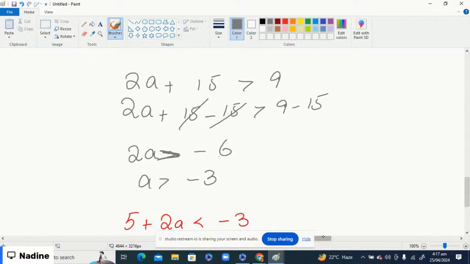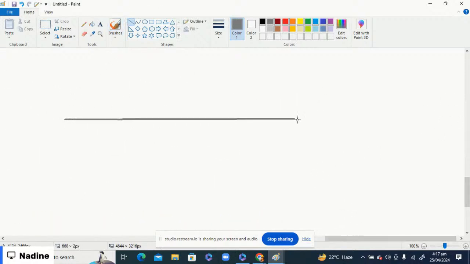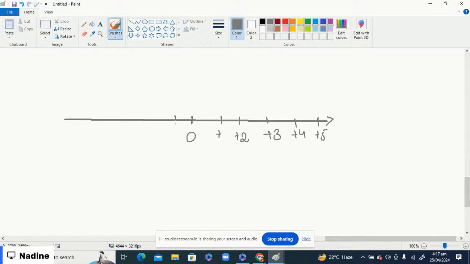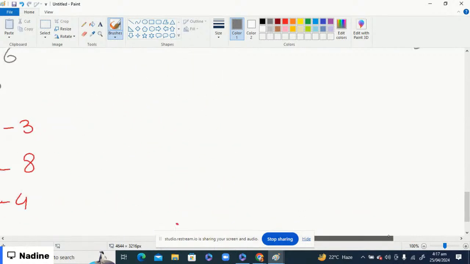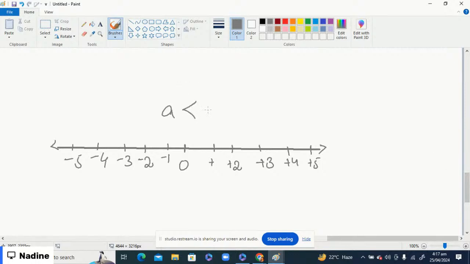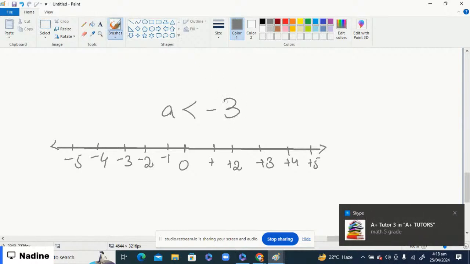Okay, let's draw the number line. Positive 1, positive 2. A is less than minus 3.